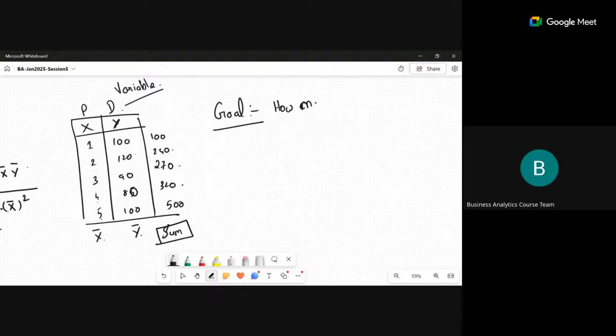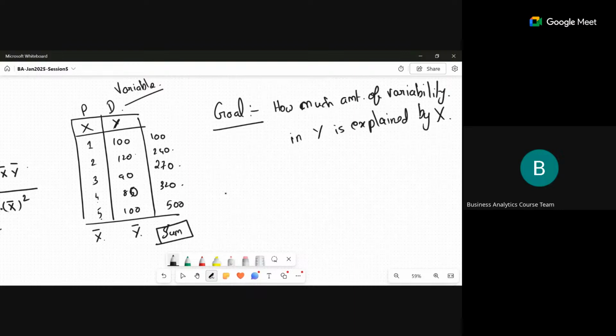You say how much amount of variability in Y is explained by X. So if the variability in Y is 100%, it is variable. Of that 100%, I am able to explain 90%. Then it is a good model. Whether 90 is good enough or the best, that is a different debatable issue.